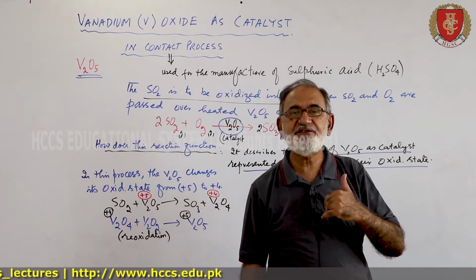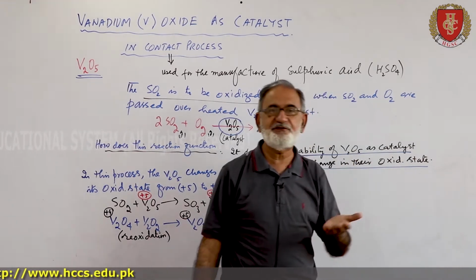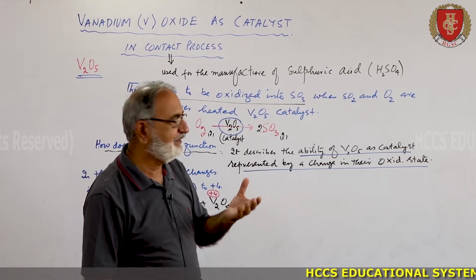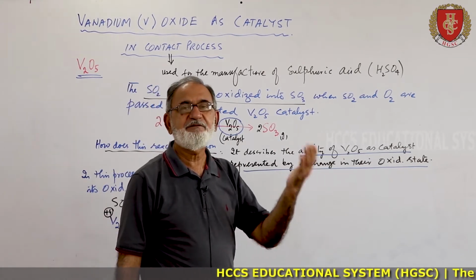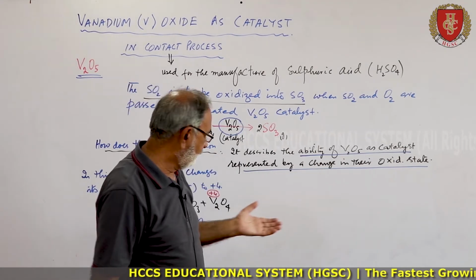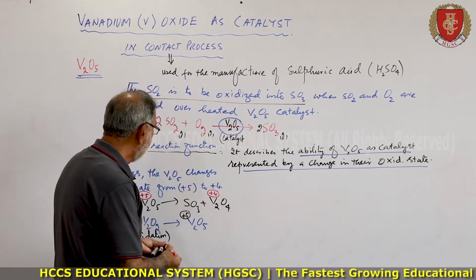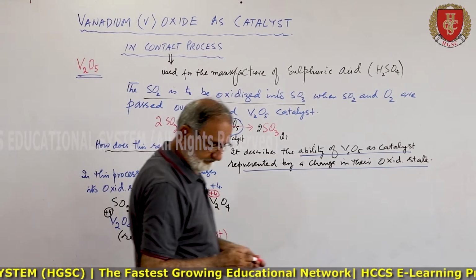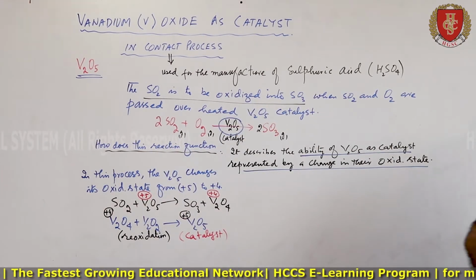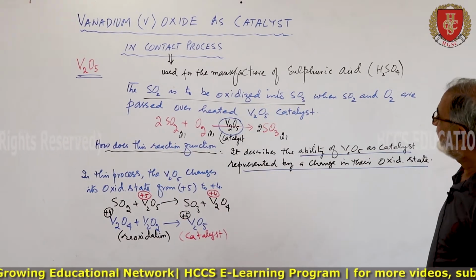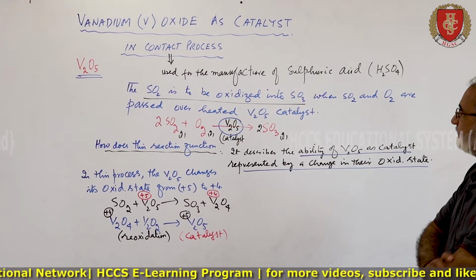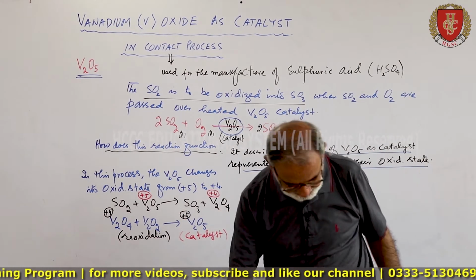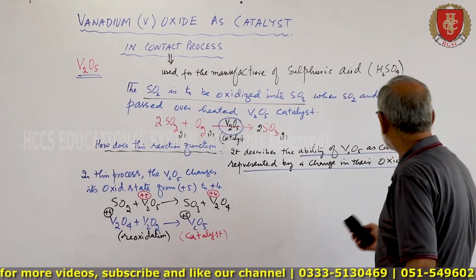It may change temporarily, but at a later stage it can be recovered or regenerated. So it is temporarily changed but can be regenerated at the end of the reaction.